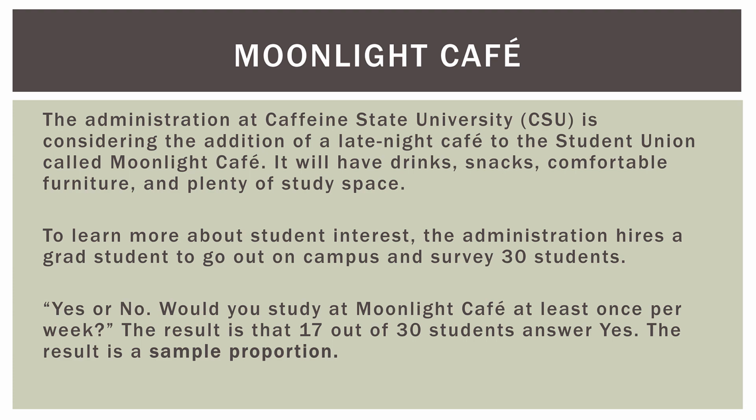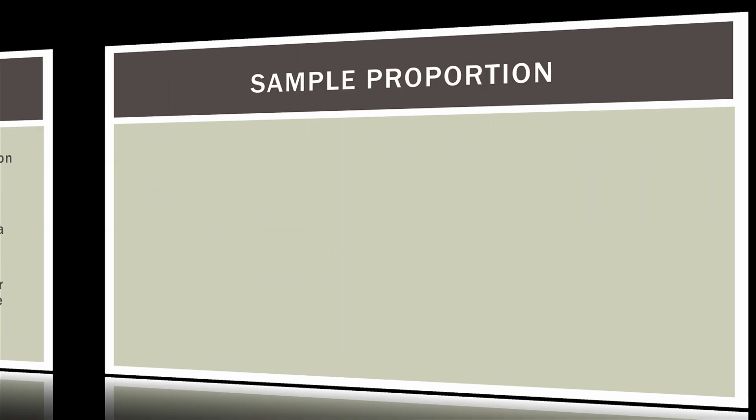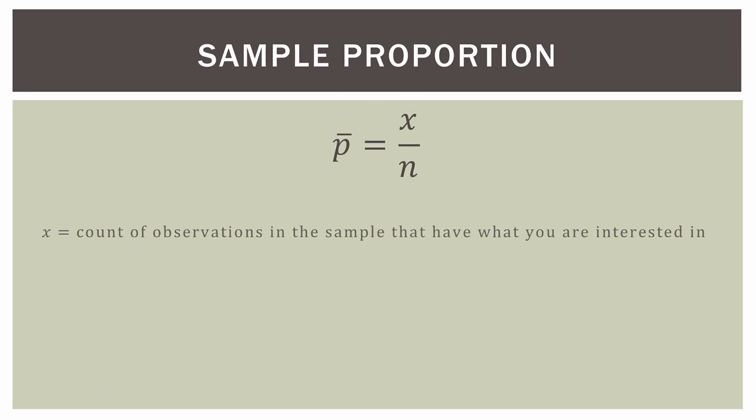So the result is called a sample proportion. Now mathematically, this is a very simple concept. The sample proportion is represented by p-bar. Remember, the sample mean is x-bar, the sample proportion is p-bar. And that equals x over n, where x is the count of the observations in the sample that have what you are interested in.